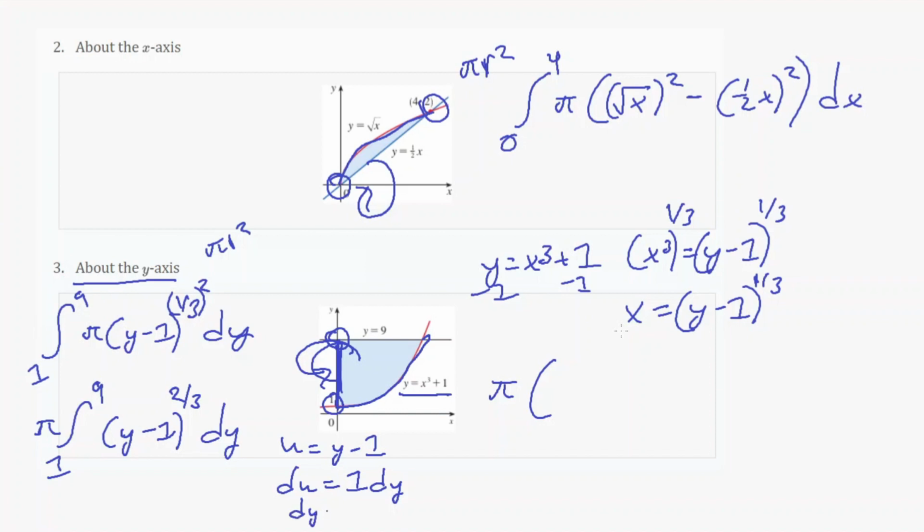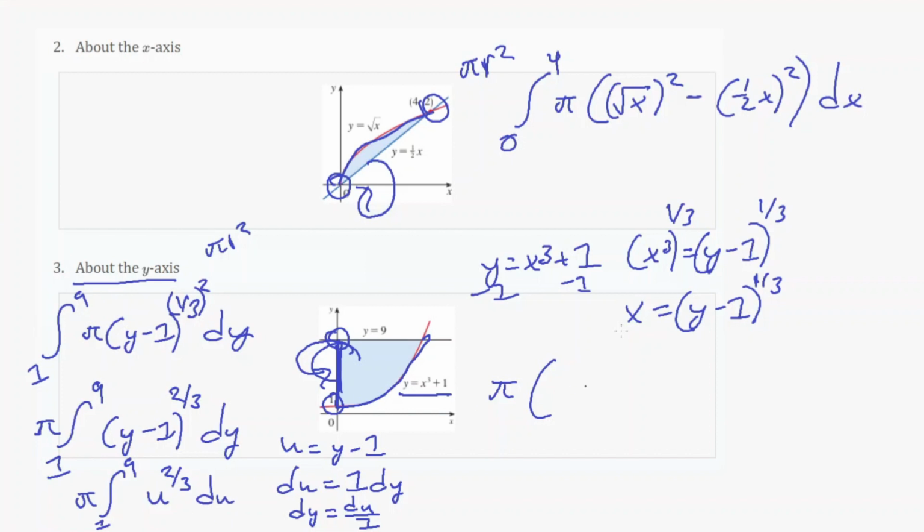So dy is going to be equal to du over 1, but it's just du. So if we replace everything, we're going to have pi integrated from 1 to 9, and this is going to be u to the 2/3 power du.